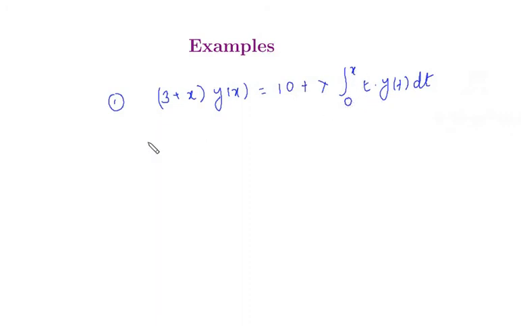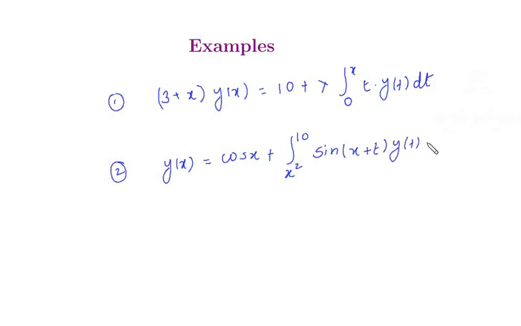And based on the kernel, we will come in the next few minutes. Second example, say y(x) is equal to cos x plus integral x square to 10 of sin(x plus t) y(t) dt.